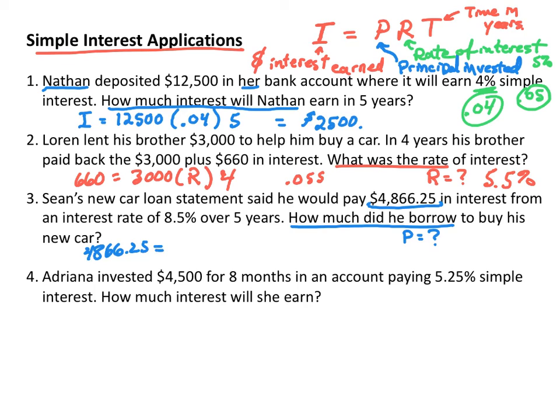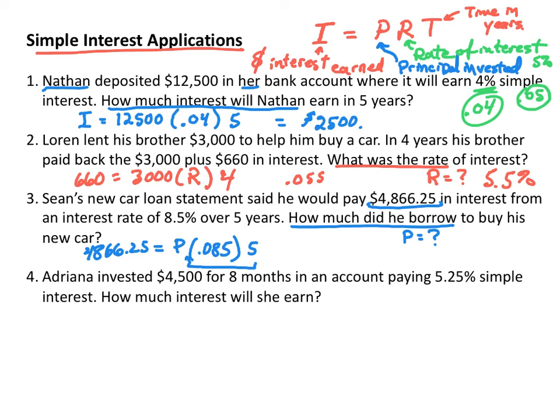4,866.25. The P is unknown. Put it in there anyway. The interest rate, 8.5%, is 0.085 for 5 years. I'm going to multiply these together first and then divide by that total to find P. So 0.085 times 5 is 0.425.